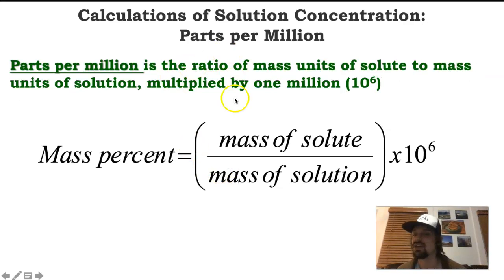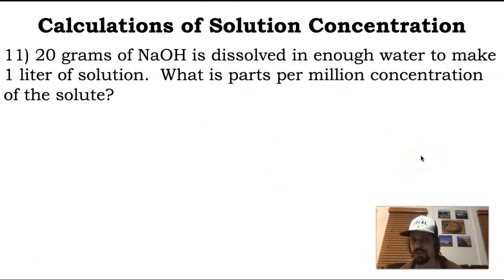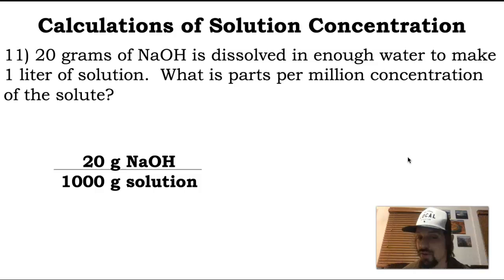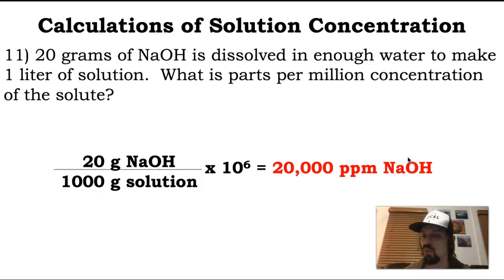To do that, I do the same thing, mass of solute over mass of solution, and then times 1,000,000, or times 10 to the power of 6, not by 100. Here it's very similar problems. 20 grams divided by a liter, which again is 1,000 grams, multiplied by 1,000,000 is 20,000 parts per million. So the same thing, except instead of multiplying by 100, I'm multiplying by 1,000,000.